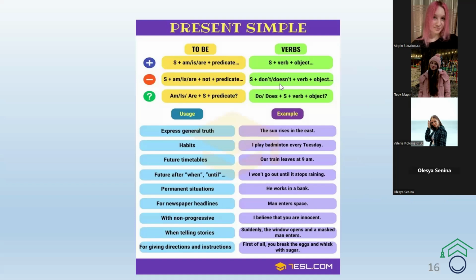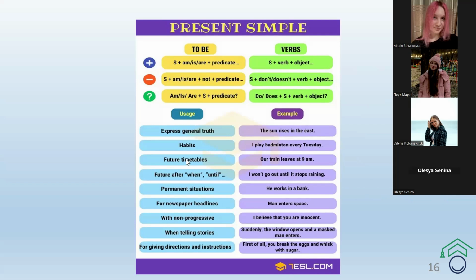And now let's recap. When we talk about present simple, we can use to be when we speak about states and situations, yeah? And we use other verbs when we speak about actions, yes?